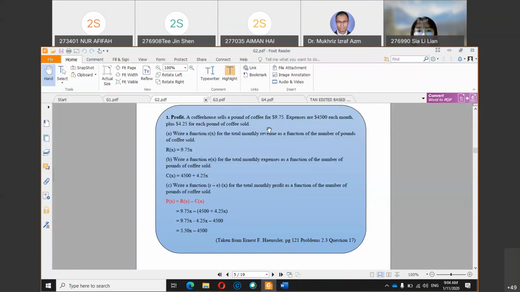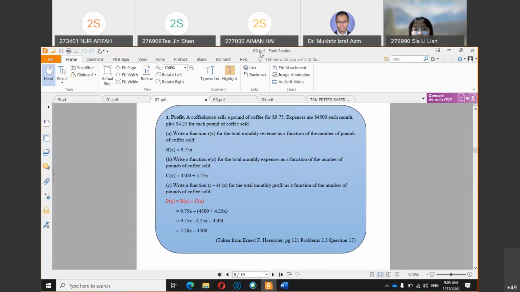So first of all, we have the price, which is 9 ringgit and 75 cents. We can form a revenue function, which is the price multiplied by the units, which we denote with x. So we get a revenue function of 9.75x. Then the total cost is the variable cost plus the fixed cost.